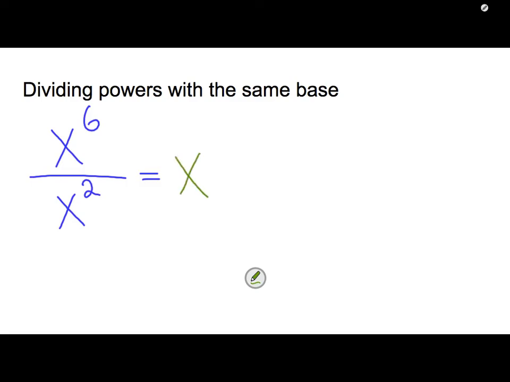And I'm going to subtract my denominator from my numerator. So it's going to be top minus bottom, which gets us x to the power of 4. A lot shorter, works pretty similarly.